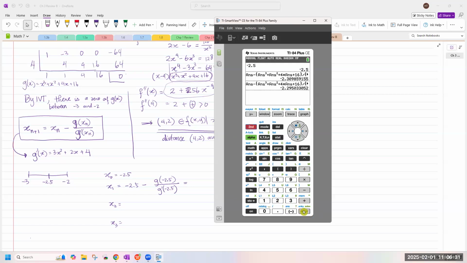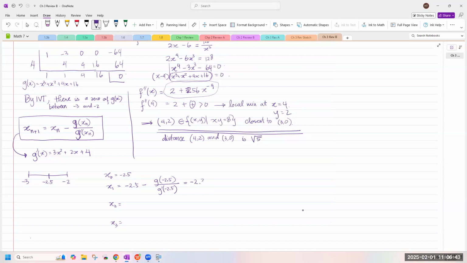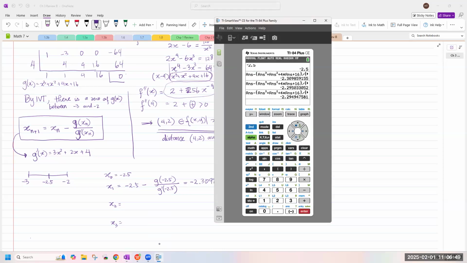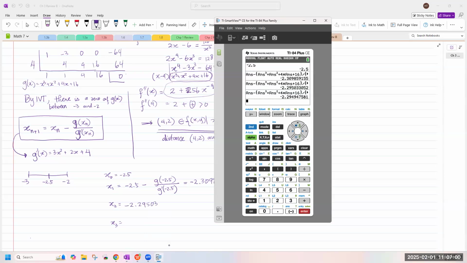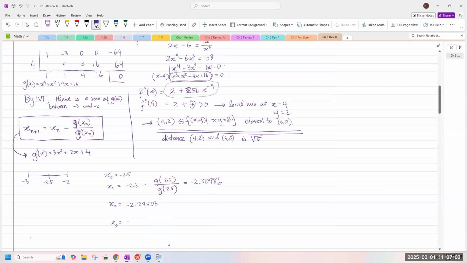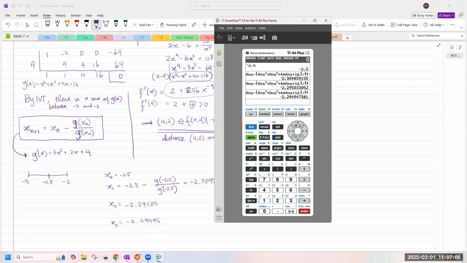Okay, so from here we see x1 is -2.30986, and then x2 will be -2.29503, and then the next one, -2.29495. Actually, if you want to be close to 5 decimal places, let's do one or two more times.